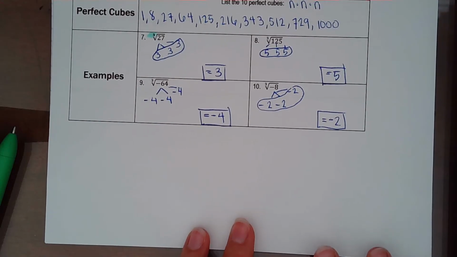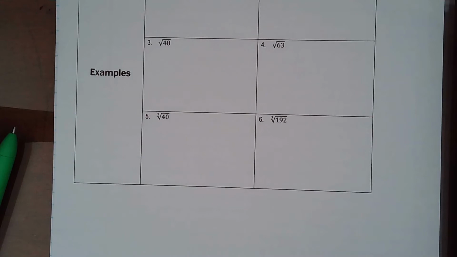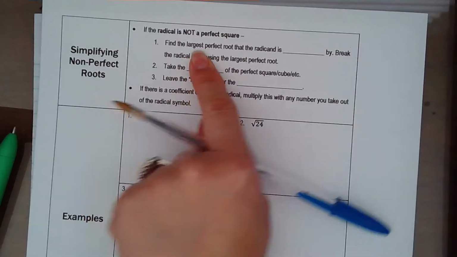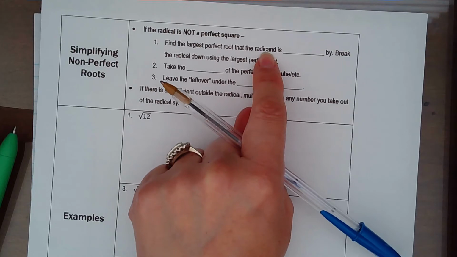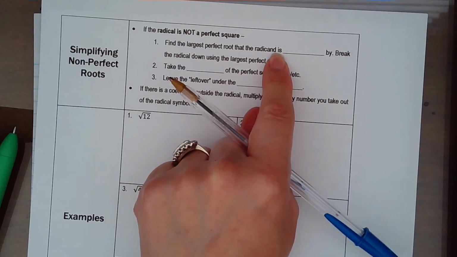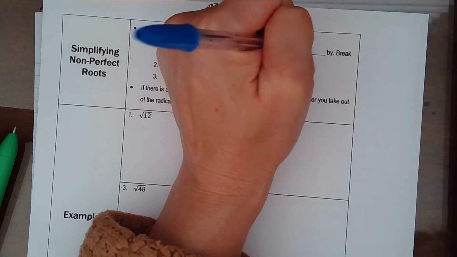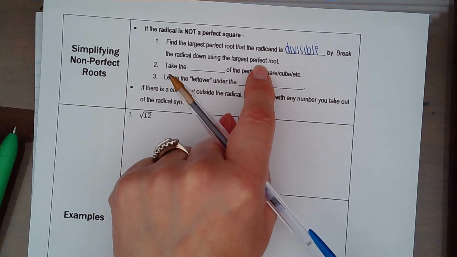So this is all if they're perfect, right? Perfect squares, perfect cubes. What about if they're not perfect? So when we move to our next sheet of notes, we'll see that we have some not perfect squares. So like I said before on the last paper, find the largest perfect root that is in the radicand, meaning inside that radical sign, and is divisible by. And then break the radical down using the largest perfect root.